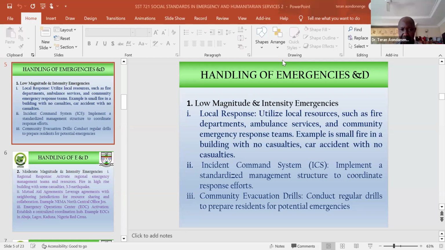Number two, incident command system, ICS. Implement a standardized structure to coordinate response efforts. Number three, community evacuation drills. Conduct regular drills to prepare for potential emergencies.